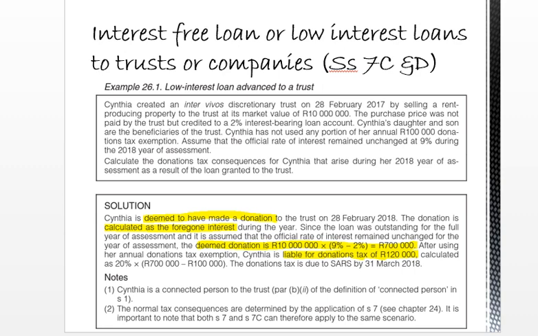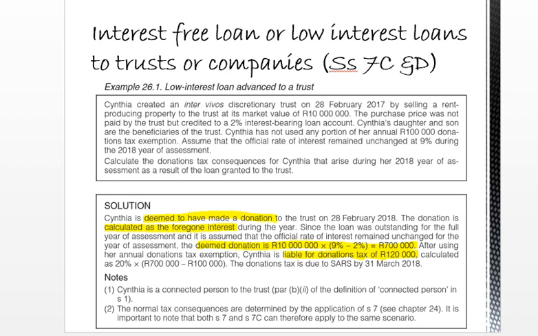Cynthia's daughter and son are the beneficiaries of the trust. So Cynthia has not used any portion of her annual 100,000 rand donation tax exemption. And then we want to assume that the official rate of interest remained unchanged at 9% during the 2018 year of assessment.